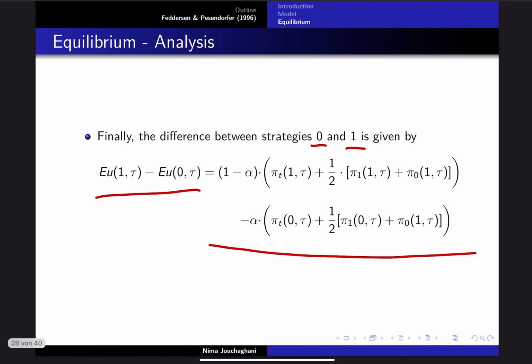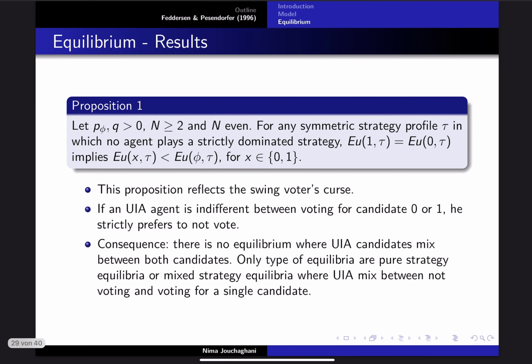So given those differences, we can state the first result, and it's summarized in proposition 1. Let the probability of an agent being selected be strictly larger than 0. Actually, P of phi was the probability of an agent not being selected.